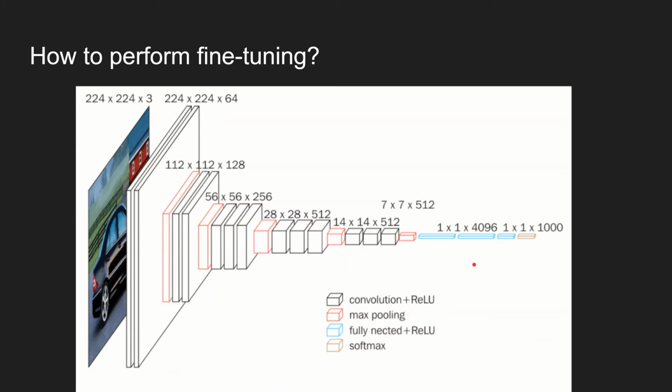Performing fine-tuning is actually pretty simple. Here we have a diagram of VGG19, which is not the network that we're going to be using, but it'll be used to illustrate the same principles that we'll be using on the ResNet 152. So the first thing we want to do when we fine-tune a pre-trained network is replace that final learned output layer.